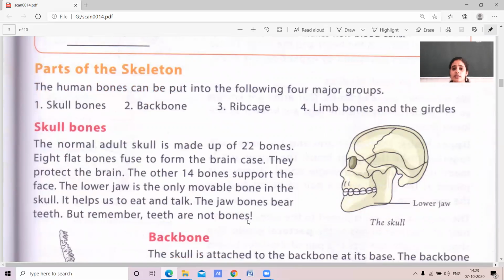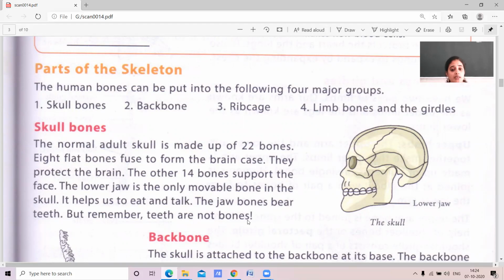The human bones can be put into 4 major groups. They are the skull bones, backbone, rib cage, limb bones, and the girdles. What does the skull consist of? You know that the skull is the region present at the topmost part of the body.